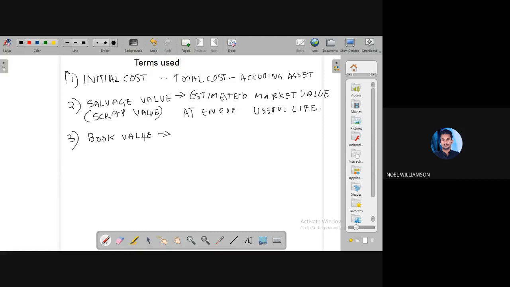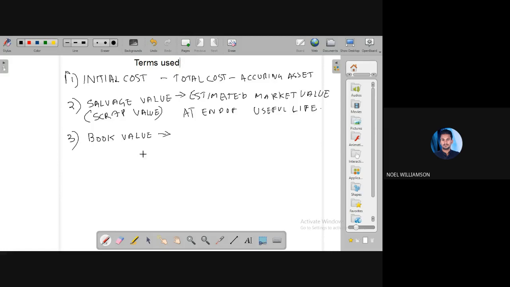After 1 year, due to depreciation, its value decreases and it turns to 1,90,000. So that is the book value at the end of 1 year. That is the present value of the product. So this is the book value.